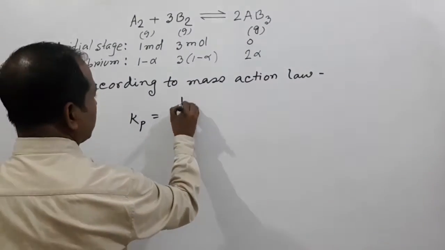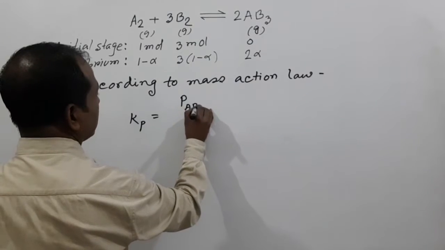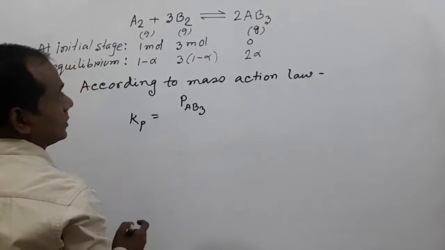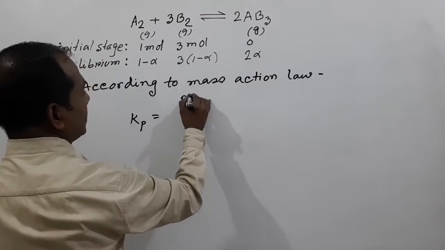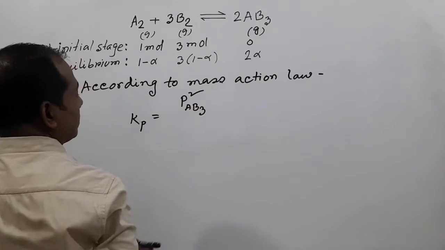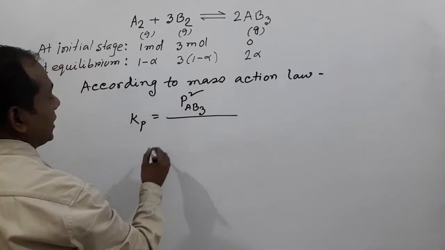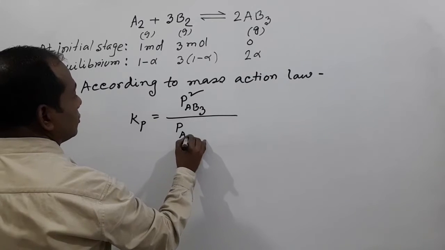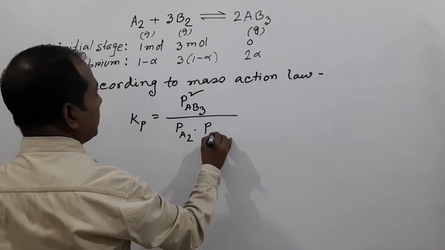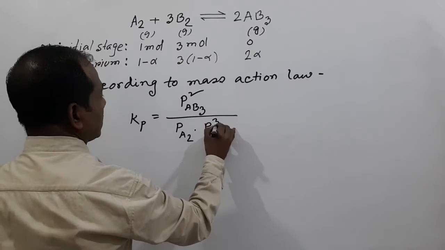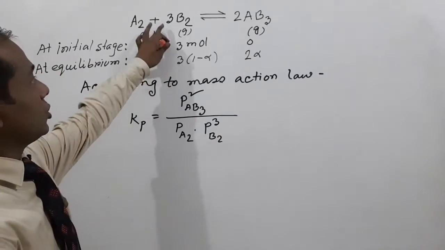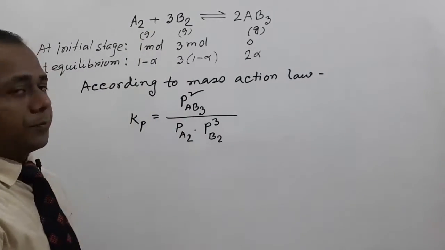That means PAB3, with its mole number as the power, divided by PA2 into PB2 cubed. Here the mole number will be the power.